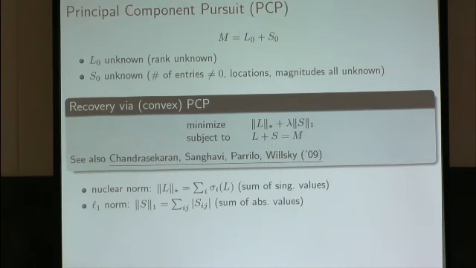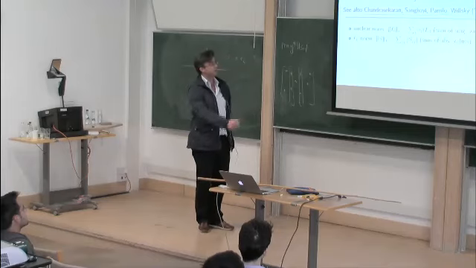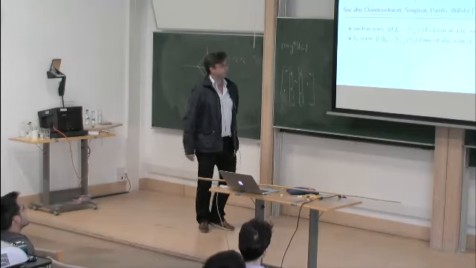So we've seen all these norms already. The nuclear norm is simply the sum of the singular values, which we discussed heavily this morning. It's somehow a convex proxy for the rank functional. The one norm is a bit of an abuse of notation, because I'm going to see S as a gigantic vector and just calculate the one norm of the vectorized version of S. Well, it's just a sum.